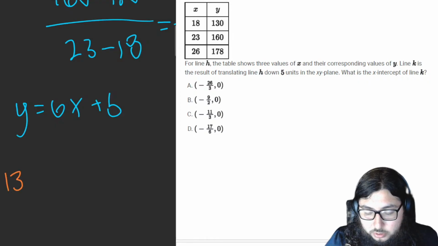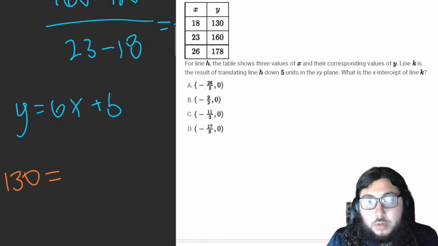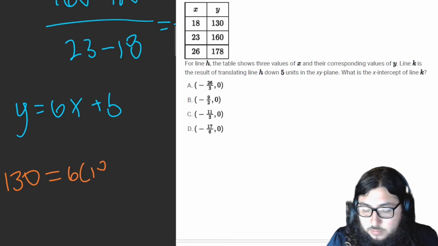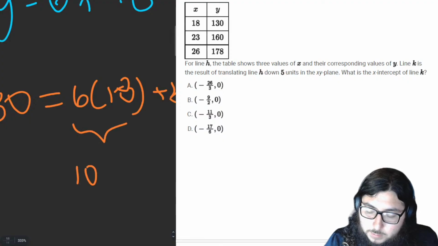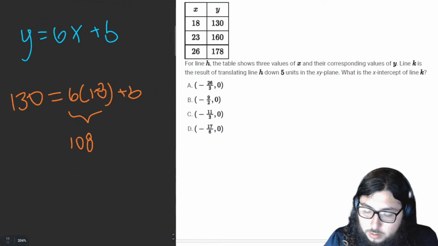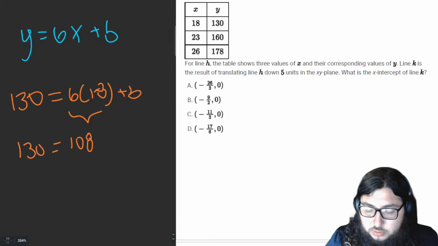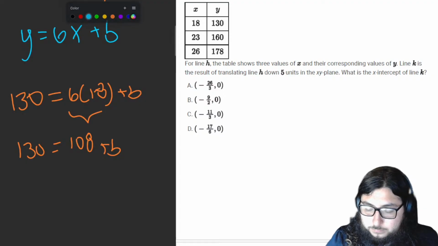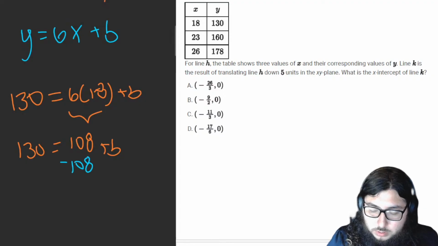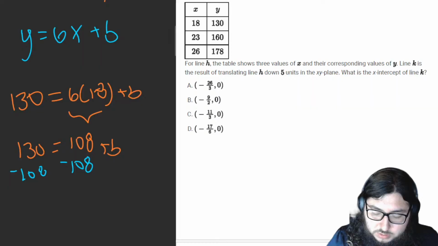We'll do 130 for y, taken from the table, and then 6 times 18, all plus b. 6 times 18 is 108. So 130 is equal to 108 plus b. Subtract 108 from both sides. b is therefore equal to 22.